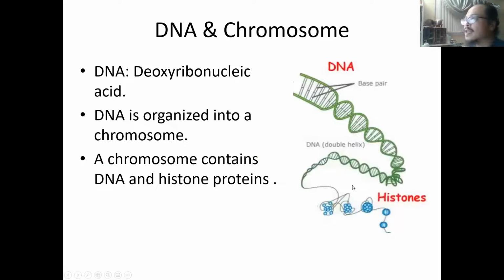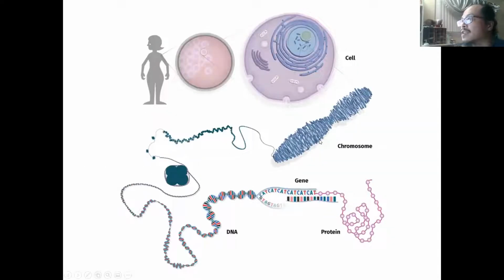So this is the DNA packaged in one chromosome. Here is a picture showing you that this is a DNA sequence. This is the genetic code, GCAT. We have a double strand, so one strand and two strands form a helix.